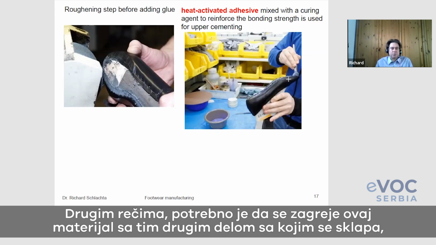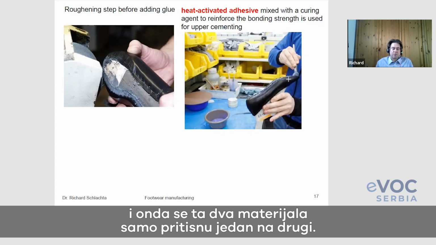That means you must put heat on this material and on the other side that you want to fix together. By the heat, the adhesive that you have put before on the material will be activated, and then you can just press it together. So that's what is called heat-activated adhesives.